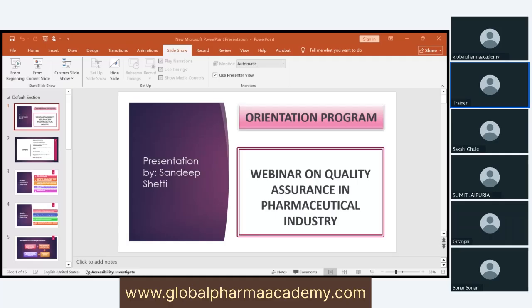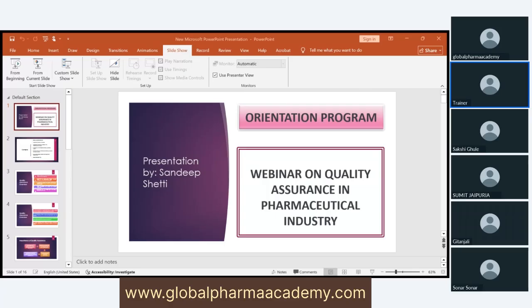Before we take material from them, how will we ensure they are of the right source, or that they are producing the materials as per controlled procedures? For that reason, there is one more department called supplier quality assurance.